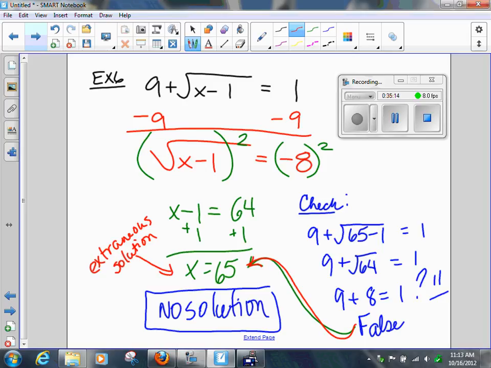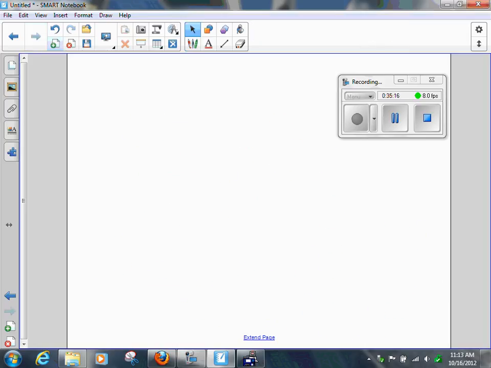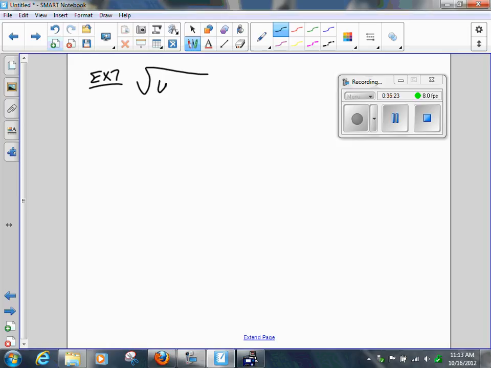One more, or maybe two. All right, here we go. How about this one? The square root of y plus 5 is equal to the square root of 2y minus 3.